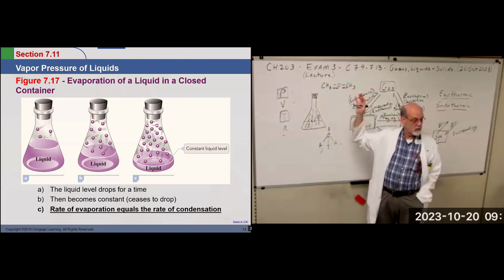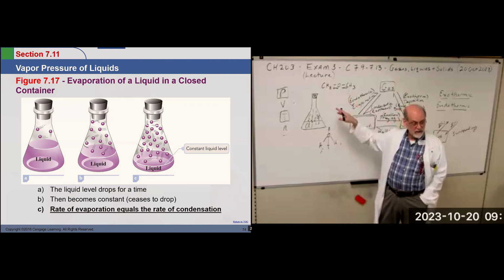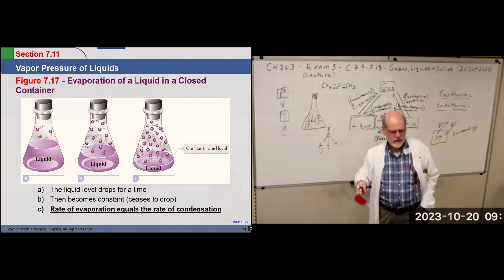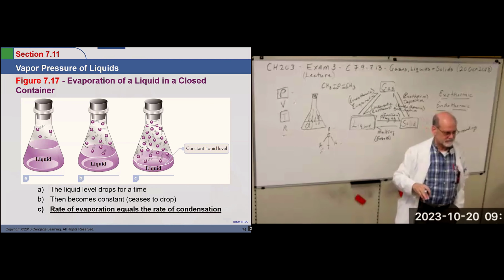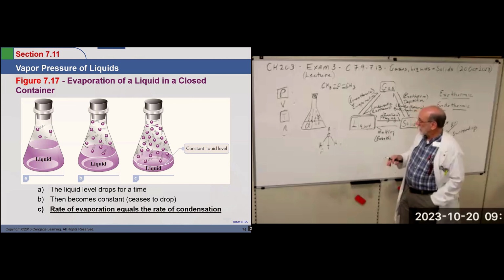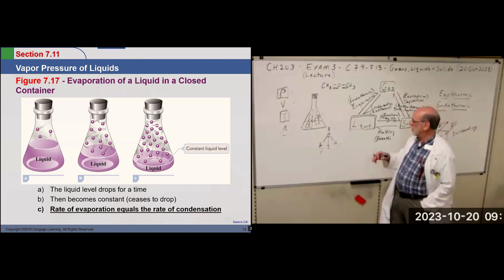So the molecule is nonpolar. So you don't have those positive negative interactions that hold together. This one evaporates really quickly. Right? If you've ever smelled ether, then you won't forget it. It's a very distinctive odor. It's also hazardous for other reasons.